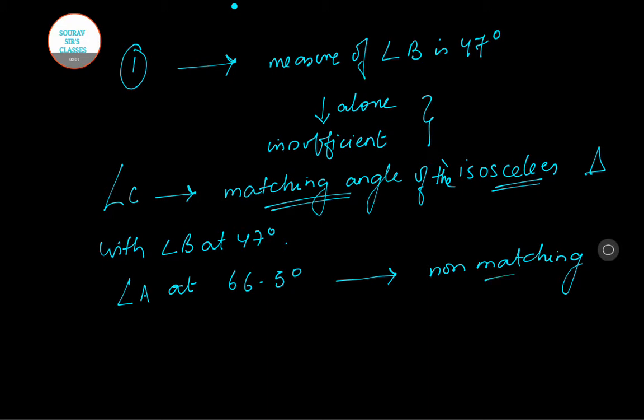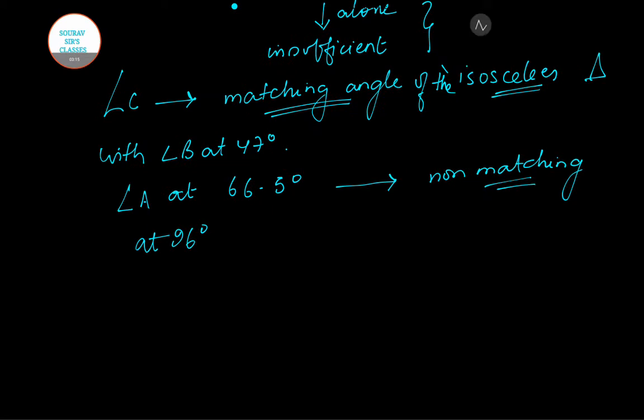So it can be the non-matching angle, and this can be at 96 degrees. Anything is possible. That is why statement 1 alone is not sufficient. Let us now move on to statement number 2.